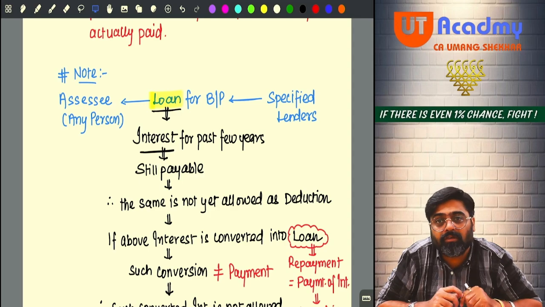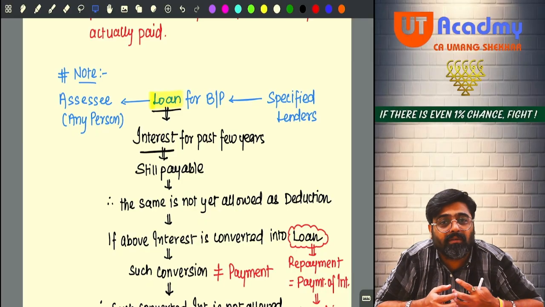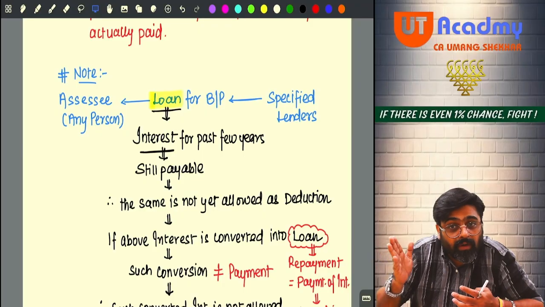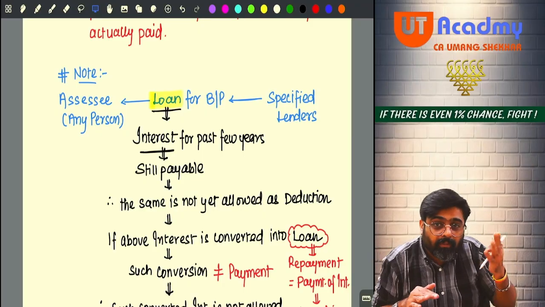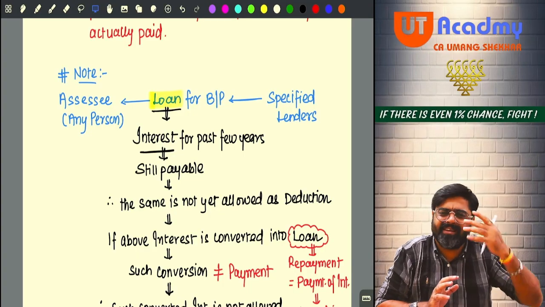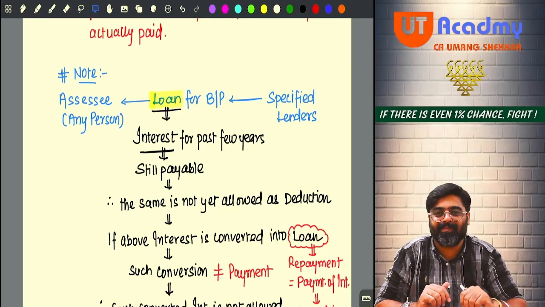Are you going to pay it to us right now? The assessee will say, I don't have the money to pay that interest right now. Can you do me a favor? Charge interest, whatever, but convert that interest also into my loan.